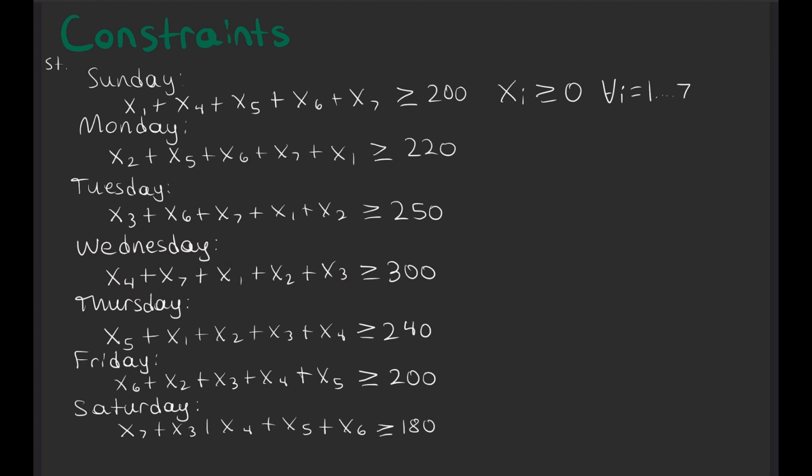The people working on Wednesday have to be there. The people working on Sunday have to be there. The people who work on Saturday have to be there. Sunday, Monday, Tuesday, all those people work on Wednesday, and in total they must be greater than or equal to 300. So these are our constraints.